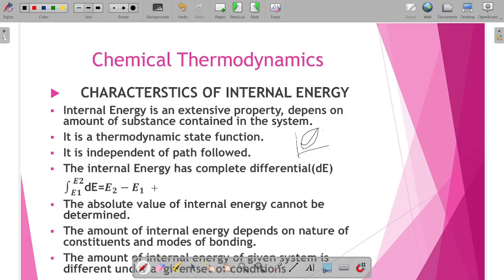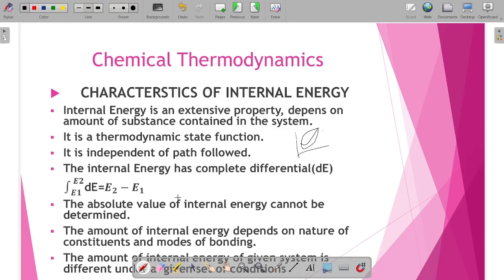The absolute value of the internal energy cannot be determined. We have also discussed this. The amount of internal energy depends upon the nature of constituents and mode of bonding. So it depends upon what type of material is contained in the system, and what intermolecular bonding exists between them.